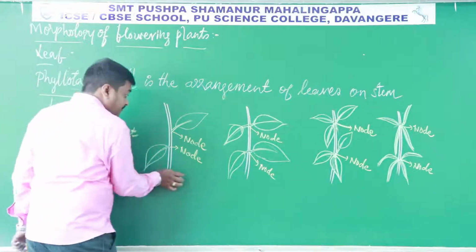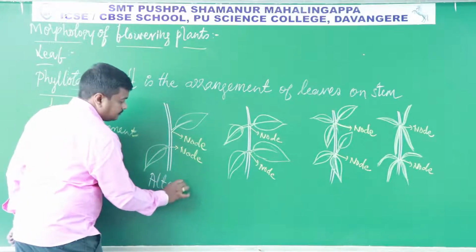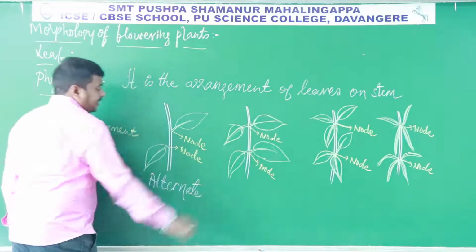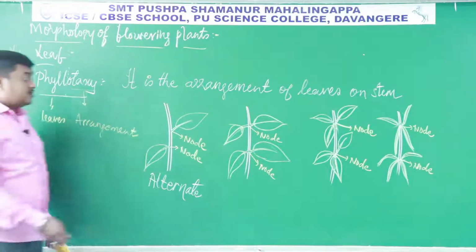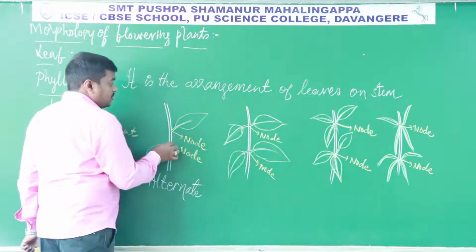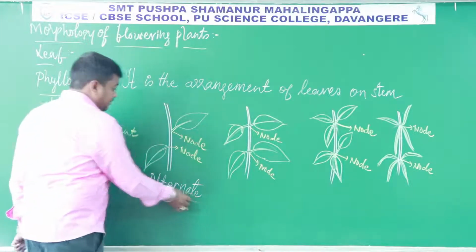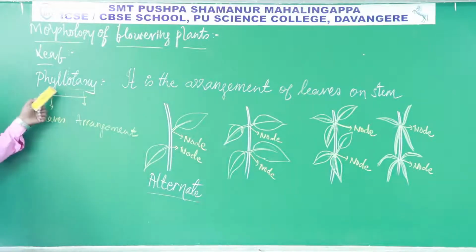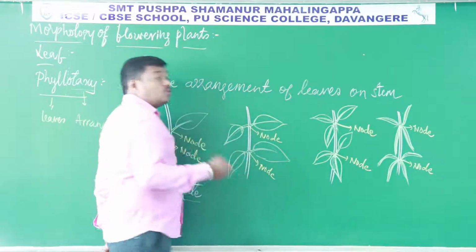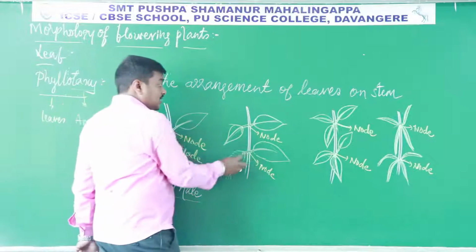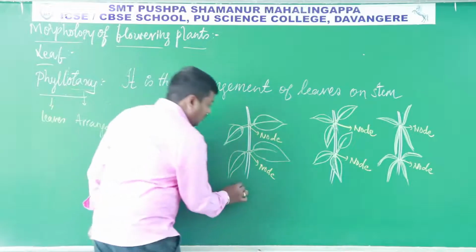This type of phyllotaxy is called alternate. We call it alternate phyllotaxy. Alternate means each node produces only one leaf. Such an arrangement is called alternate phyllotaxy. Then in this case each node produces two leaves and those leaves are opposite to each other. This type of phyllotaxy is called opposite.